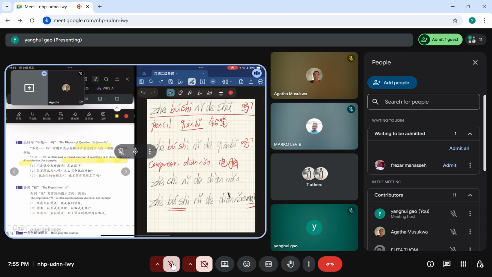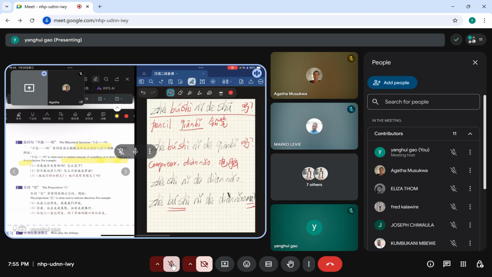We use it to remind. Okay, so this is the first situation: we use this form to give a reminder.